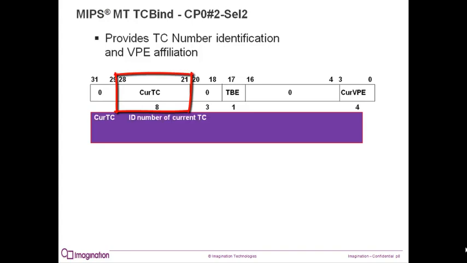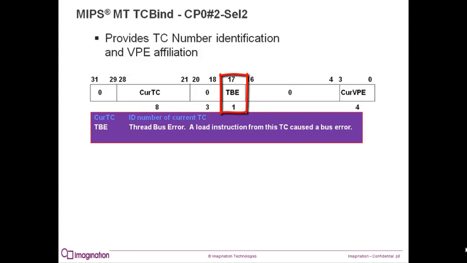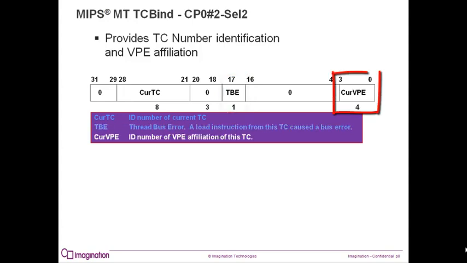The current TC field is the TC number of this TC. The thread bus error is a status bit that will be set when a load instruction executed from this TC caused a bus error. The current VPE field tells the TC which VPE it belongs to. This field can also be set to associate the TC with another VPE.